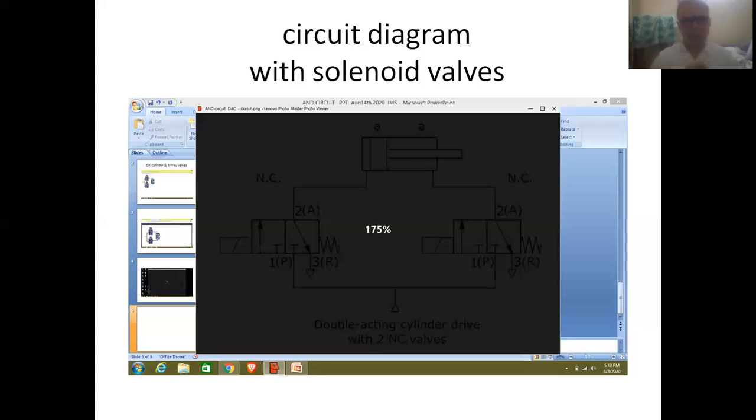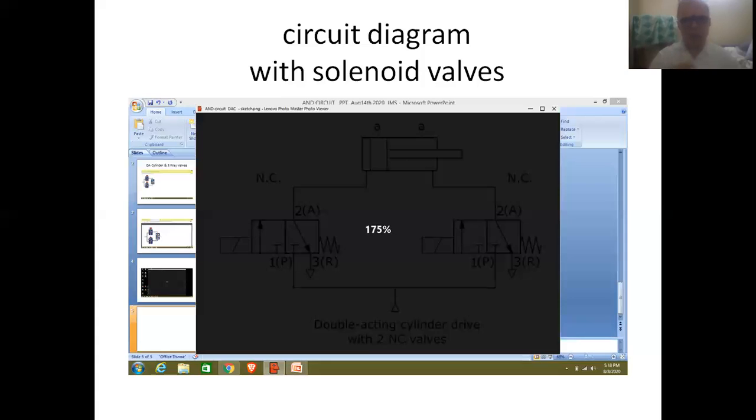The piston rod is fitted to the tool of the machine. With this arrangement, this cylinder can be used for operating the tool of a machine in to and fro directions, that is in forward and backward directions.